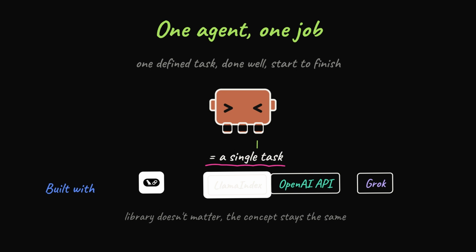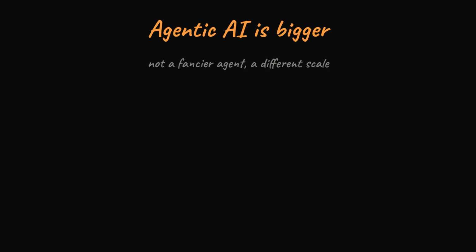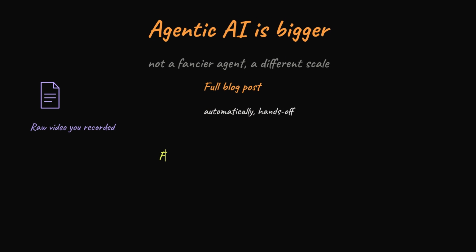Now here's where it gets interesting, and honestly this is the part almost nobody explains clearly enough. Agentic AI isn't just a fancier name for an AI agent, it's a whole different scale of thing. Picture this, you want to take a raw video you recorded and turn it into a full blog post automatically without touching it yourself. That's not one task anymore, that's 4 or 5 tasks stacked together.